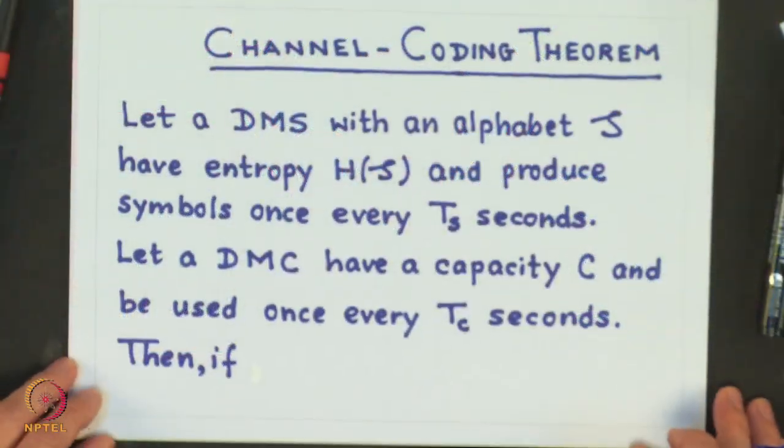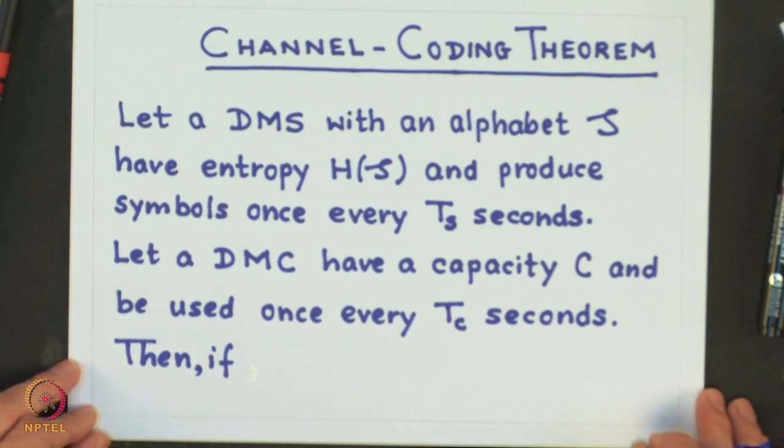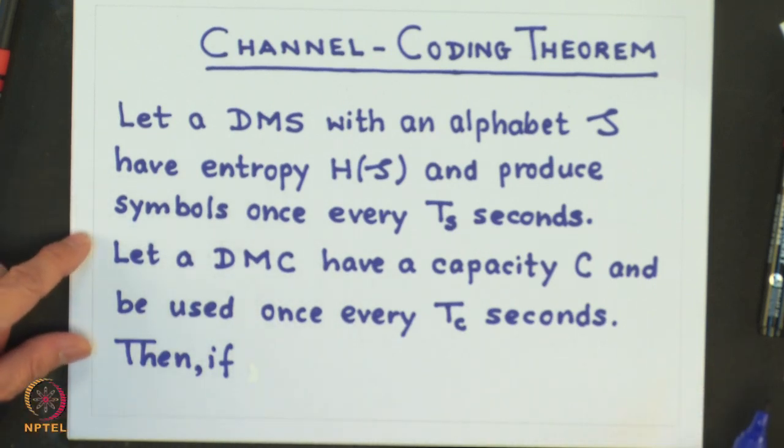When I say efficient, I mean I decide the probability of error epsilon and it could be as small as possible, and then I also want that the code rate should not be too small, correct? Is it possible for me to find that? And the answer to that is given by Shannon's second theorem, which is also known as the channel coding theorem. And this channel coding theorem is given in two parts. Okay. So, what does the theorem say?